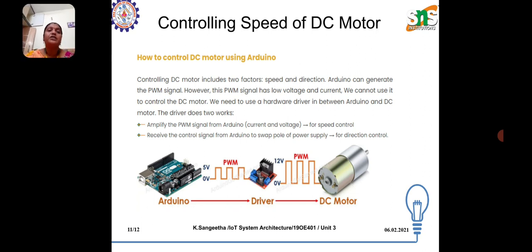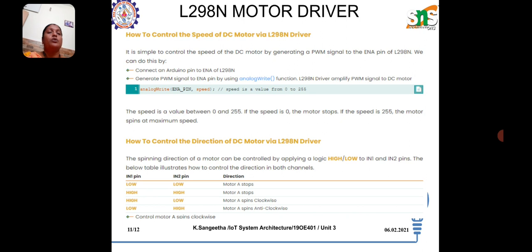The driver does two jobs. It amplifies the PWM signal from Arduino for speed control, and it receives the control signal from Arduino to swap the pole of the power supply, which is for direction control. The PWM is connected through the driver to the DC motor.